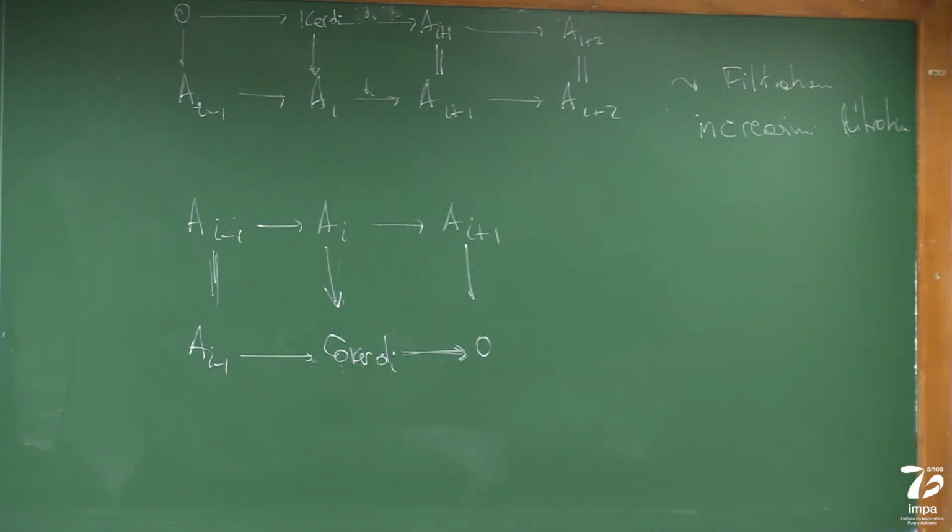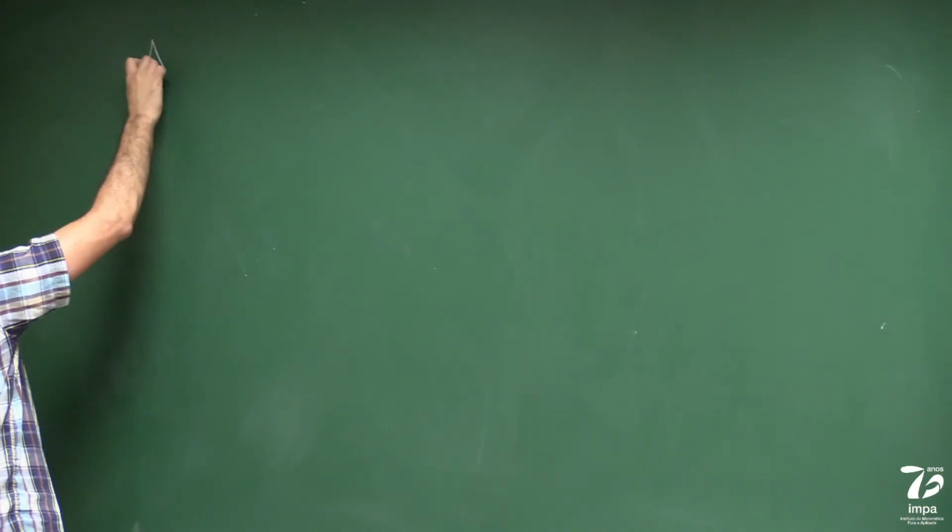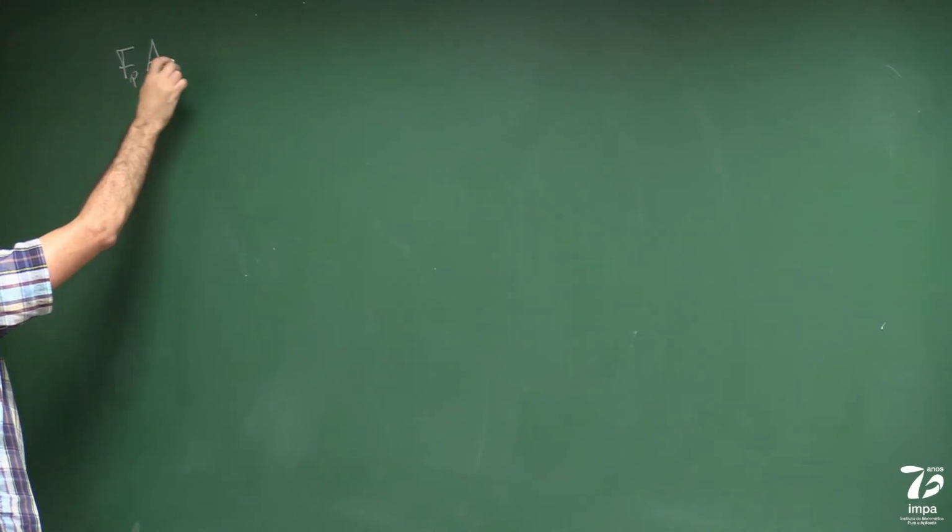All right, so I want to apply this picture when I have a filtered complex. And I think this is the general thing that you do when you have a filtration: we look at the following complex, which is a large beast. So let's suppose now that we have a filtered complex.